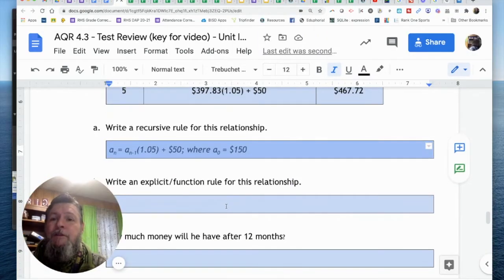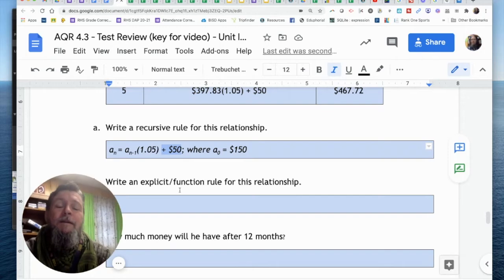An explicit function. Now, because of this $50 right here, there's no way to describe this as an explicit function. It's just impossible. To be quite honest, you could write it, but you'd have a different formula for each iteration because you're adding the extra $50 to what you put interest on the month before.